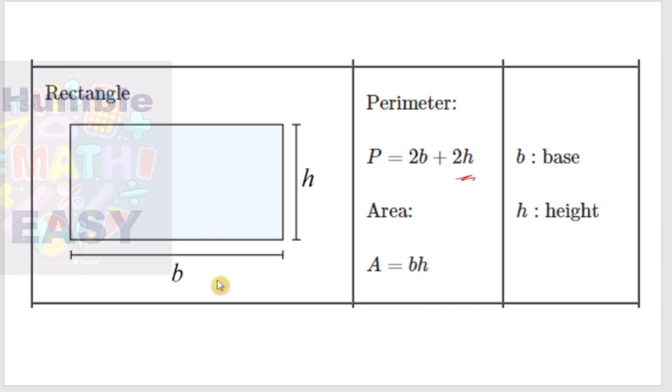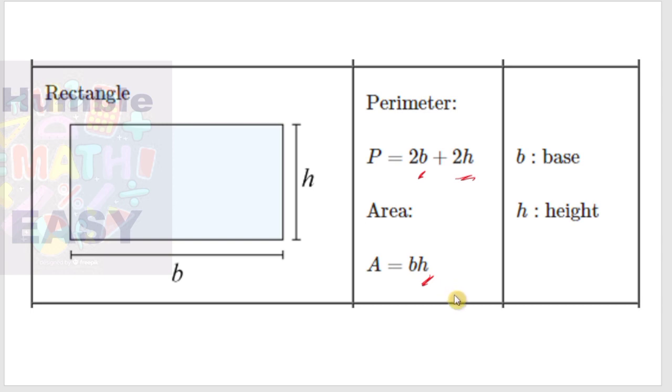Whatever the value of the base b, there is also the upper base, so twice b. Therefore, the perimeter formula is 2b plus 2h, and to get the area of the rectangle, we have base times height.